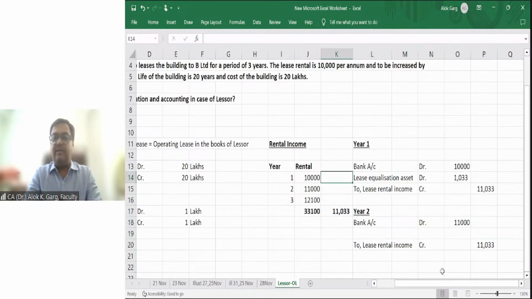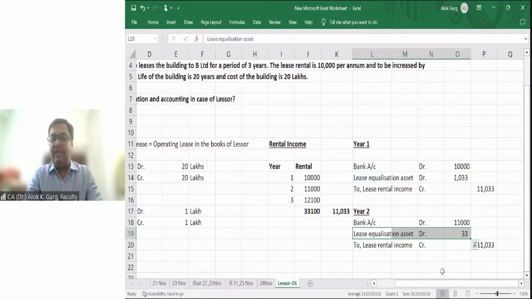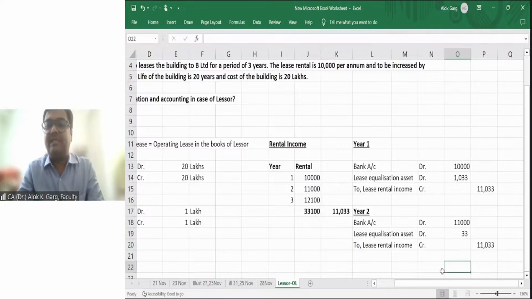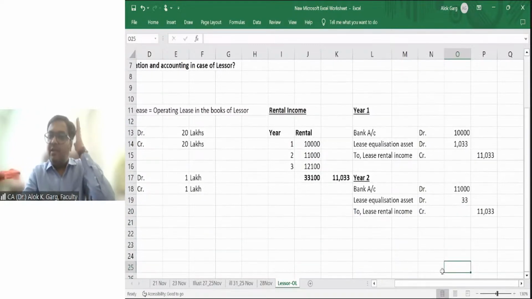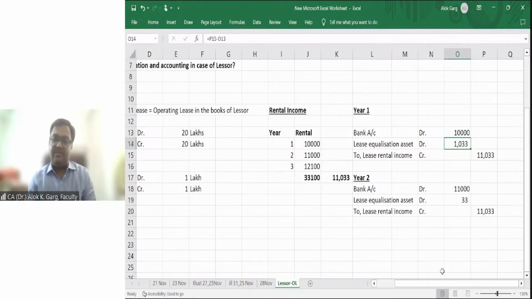Then again, there will be an asset which is required to be created. Lease equalization asset, 11,033 minus 11,000, 33 rupees. In the balance sheet at the end of year 1, one asset was created which is lease equalization asset. Another asset was created in year 2, which is again a lease equalization asset of 33 rupees more. So the total becomes 1,067.